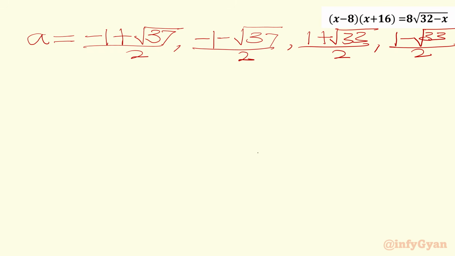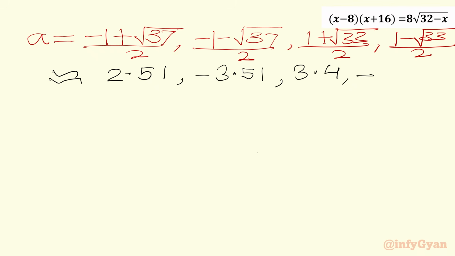Now we will find approximate values of a. So −1 plus square root 37 over 2 would be somewhere around 2.51. The second value would be somewhere around −3.51. The third value would be approximately 3.4, and the fourth one would be approximately −2.4.